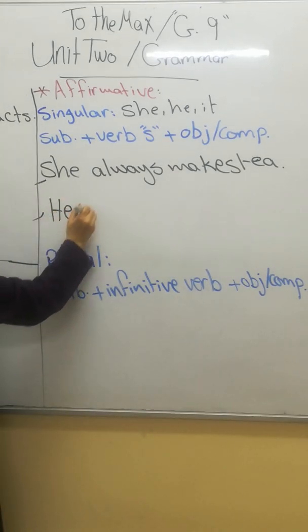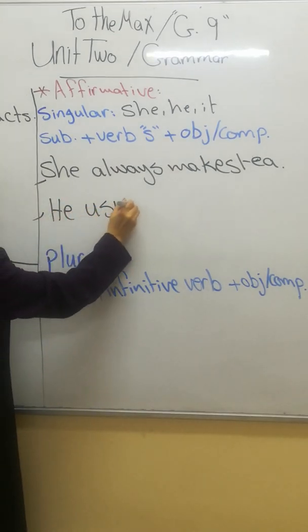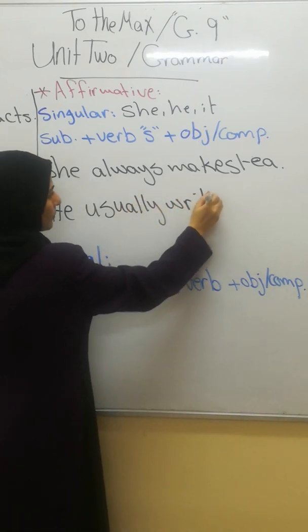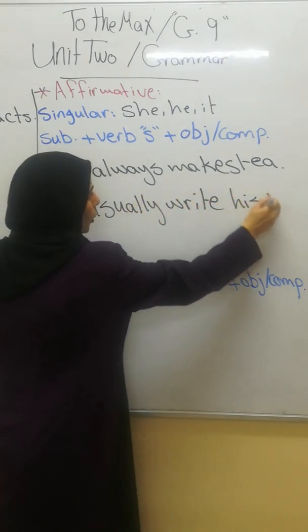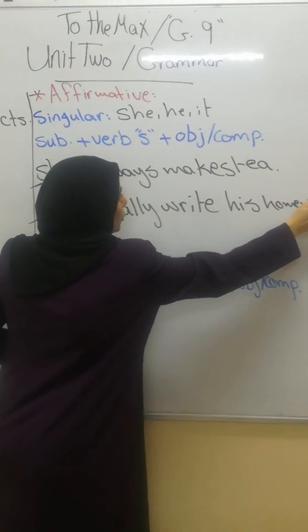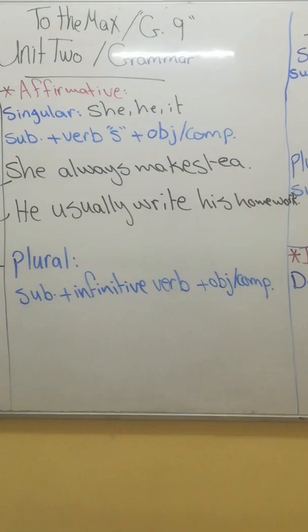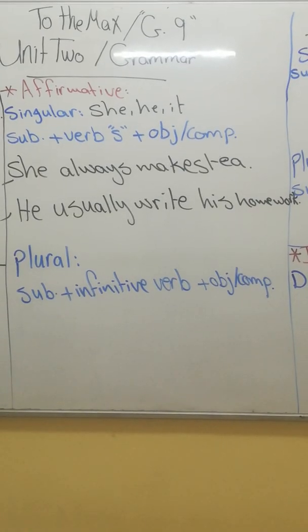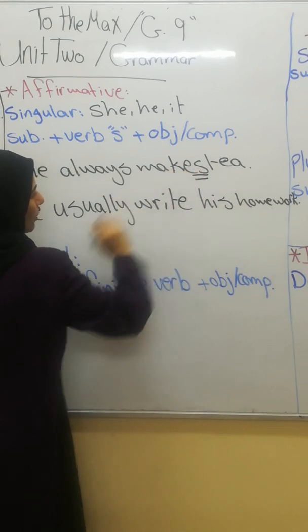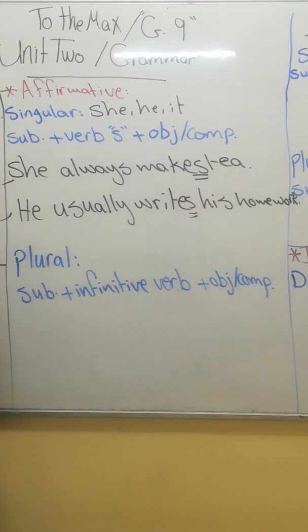He usually writes his homework. So these are the main two examples for the singular simple present. We have to pay attention that we add s at the end of the verb, in here and in here.